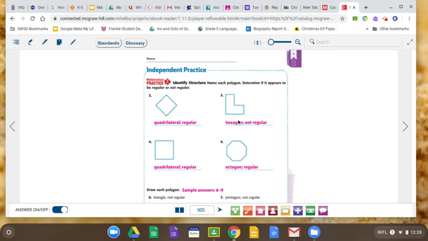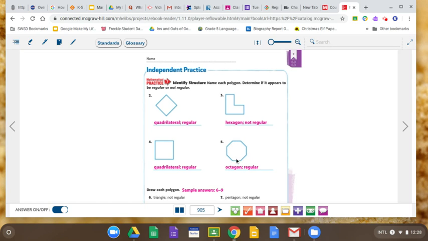So again, this one here is a hexagon because it's got 6 sides: 1, 2, 3, 4, 5, 6. So it's considered a hexagon, and it's not regular because the sides are not the same, they're not congruent, and the angles are not congruent or the same. So here, quadrilateral, and it's not regular. And then octagon: 1, 2, 3, 4, 5, 6, 7, 8.